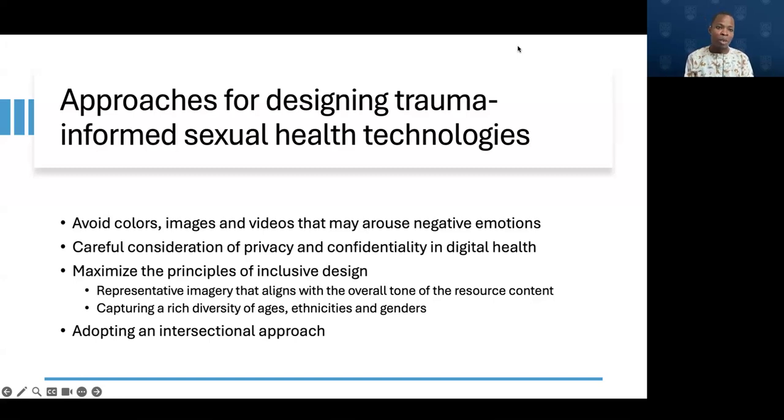They also talked about paying careful attention to privacy and confidentiality and maximizing the principles of inclusive design. Basically, representative images that align with the overall tone of the resource content and capture the rich diversity of ages, ethnicities, and gender. We interviewed one person who is an immigrant, a Black person, who visited a contraception website to look for information, and they made it an issue of pro-choice.